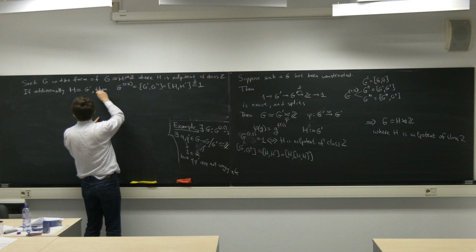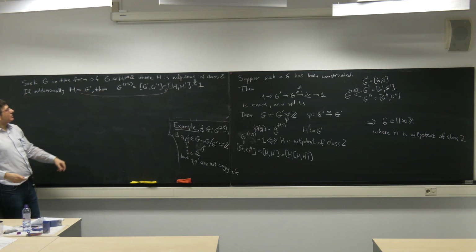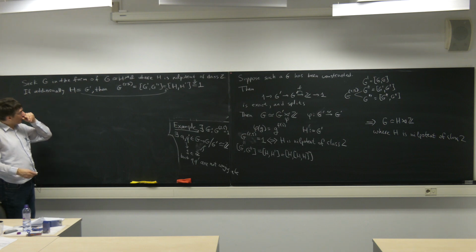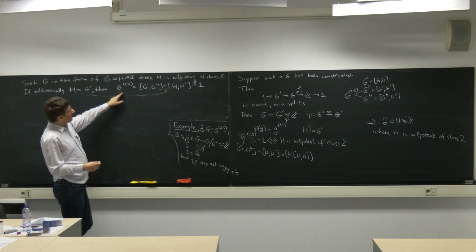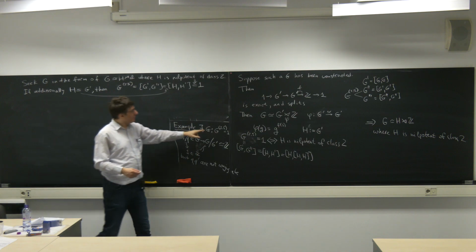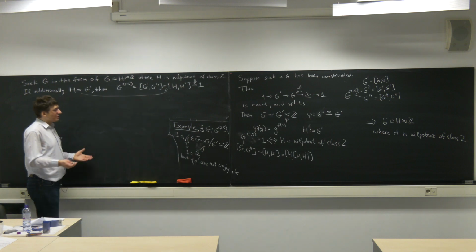And here we are using that H prime equals G prime prime, H equals G prime. And then G will be solvable of length 2.5, which is what we want.